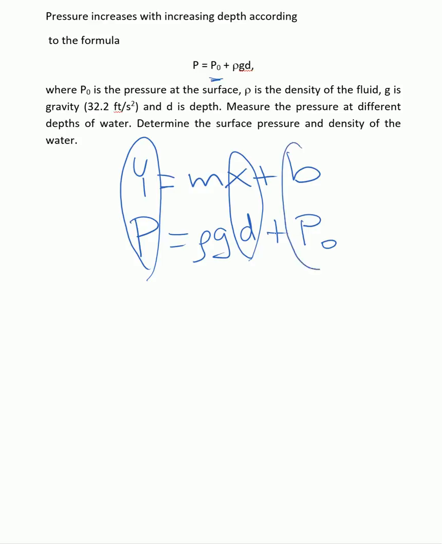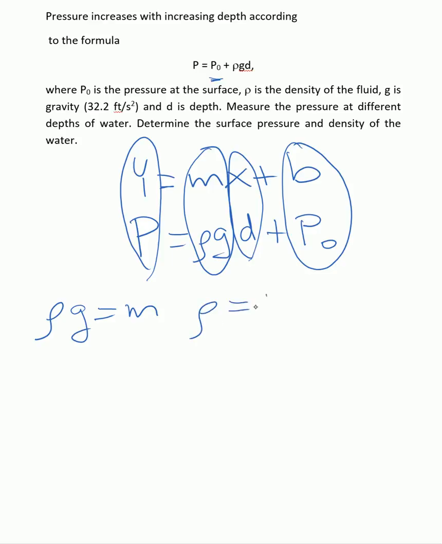Our y-intercept is going to be the quantity P naught, the surface pressure. And our slope is more complicated than usual. It's going to be rho times g. So, as a result, we have rho g equal to the slope, or that's the same as saying that rho equals m over g.